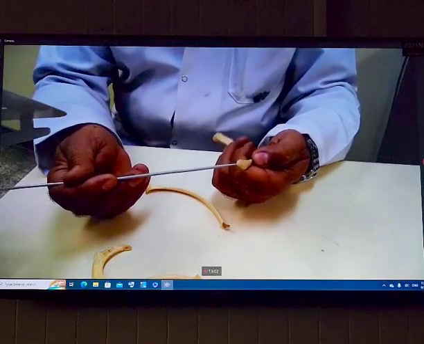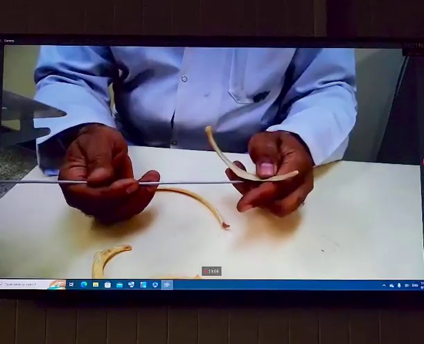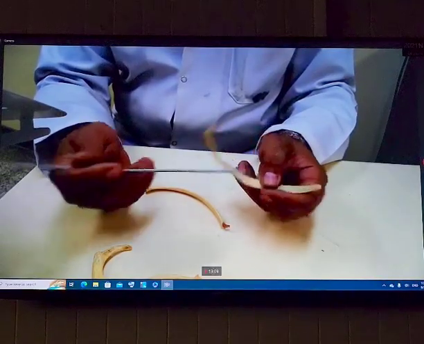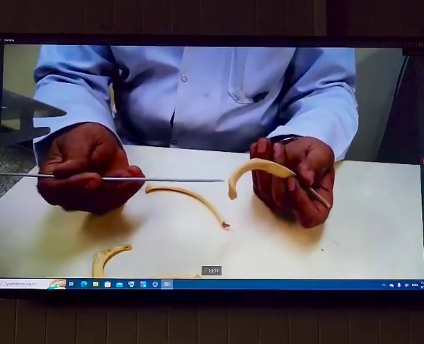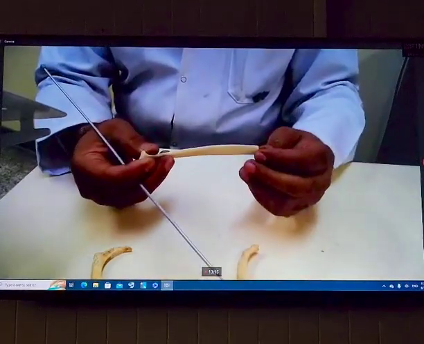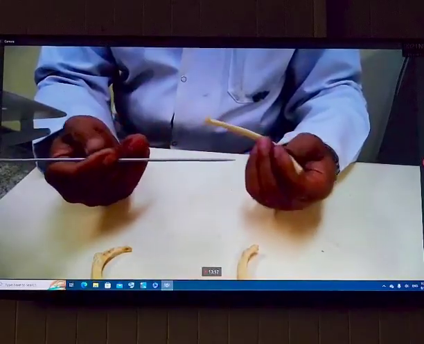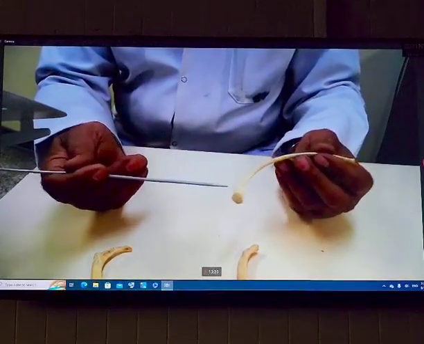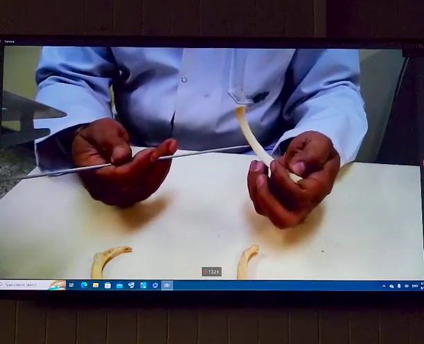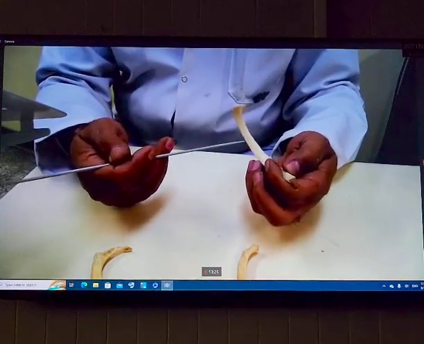This is a pointed anterior end. It has a costal groove, but it is the 11th or 12th rib. The head is one facet. There is no head, neck, tubercle. That one also has a pointed anterior end, one facet on the head, no tubercle and neck, as you can see. It has a costal groove. This is either the 11th or 12th rib.